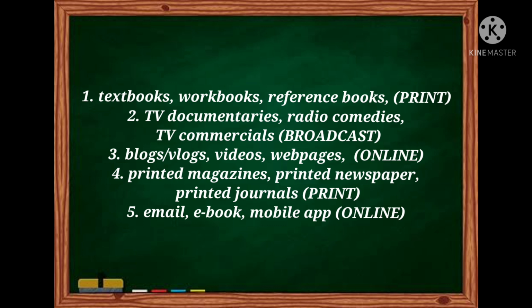Next, number 3, blogs, videos, and web pages are examples of online materials. Then, number 4, printed magazines, printed newspaper, and printed journals are examples of print materials. Last, number 5, email, ebook, and mobile app are examples of online materials. Okay, good job! I hope you got all the correct answers.